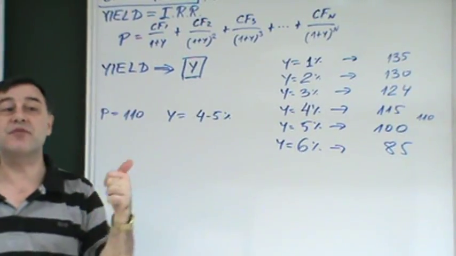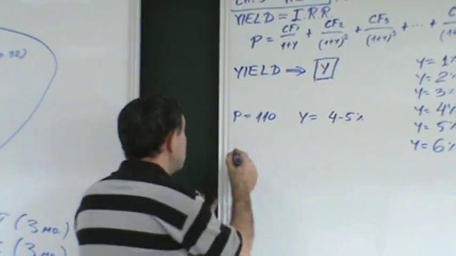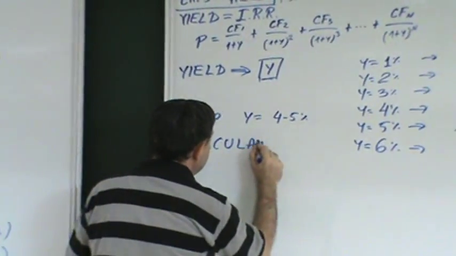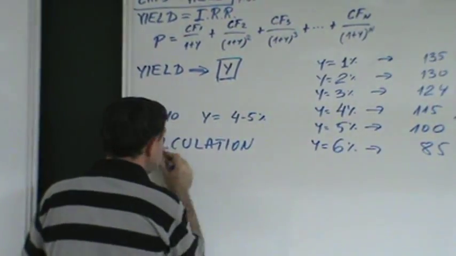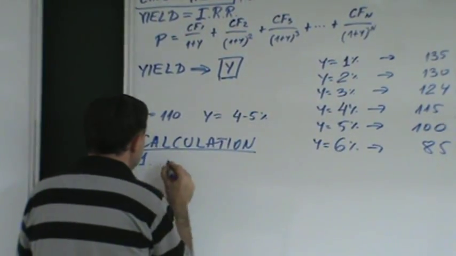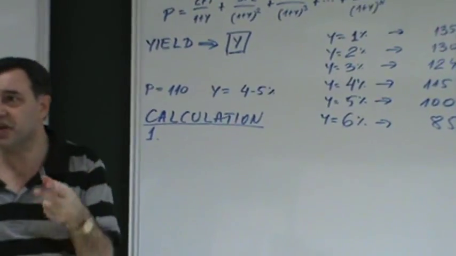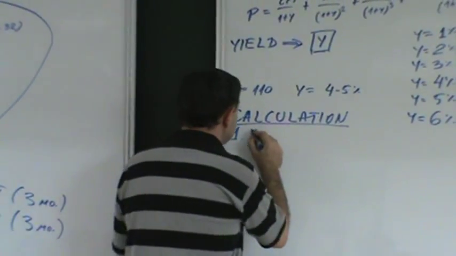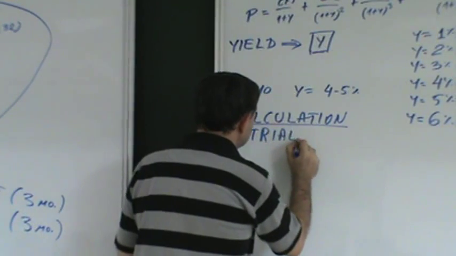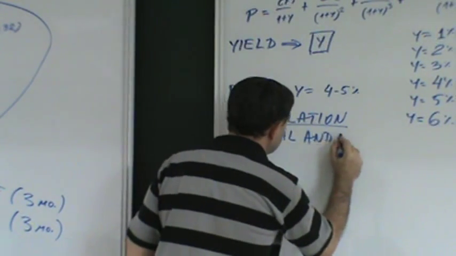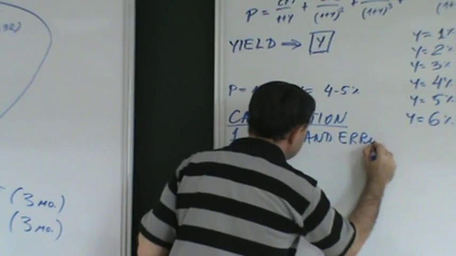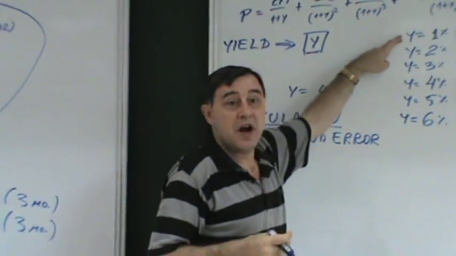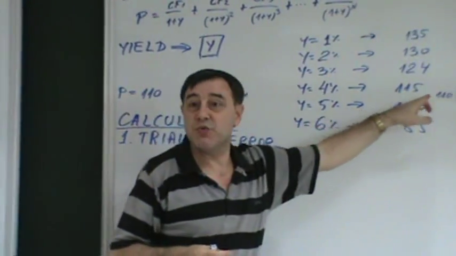So one type of calculation is trial and error. Kind of like what I did. 1, 2, 3, 4, 5, and which one is closest.